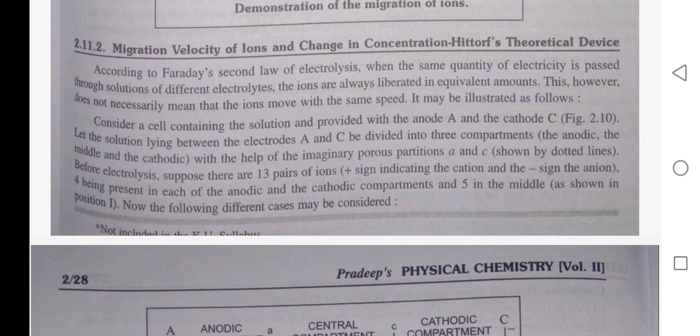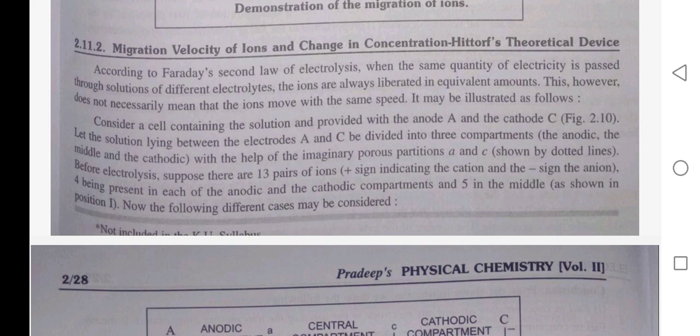It may be illustrated as follows. Consider a cell containing the solution and provided with the anode A and cathode C. Let the solution lying between the electrodes A and C be divided into three compartments, anodic, middle and cathodic, with the help of imaginary partitions.